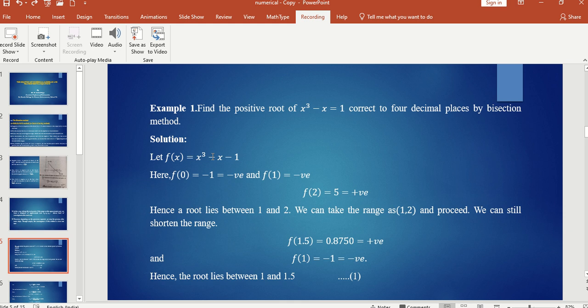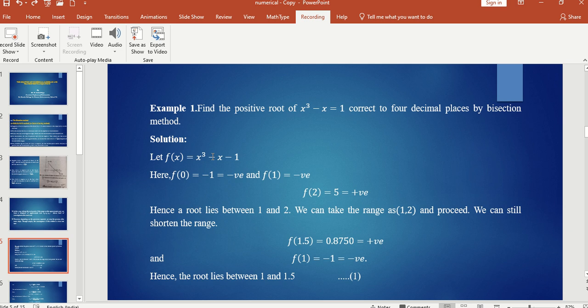Then f of 0 equal to minus 1, which is negative, and f of 1 equal to minus 1, which is negative, and f of 2 is a positive value. So we can say that f of 1 is negative and f of 2 is positive. So the root lies between 1 and 2. We can take the range as 1, 2 and proceed.